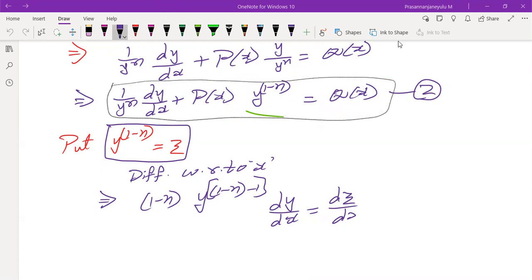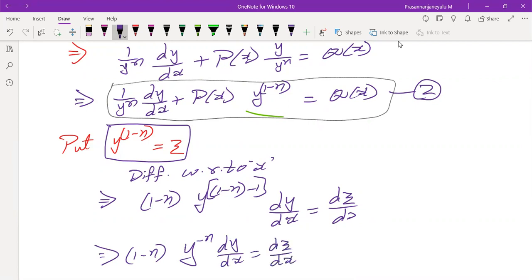So we substitute it as a new variable: y power 1 minus n is equal to z. Then differentiate on both sides with respect to x. After simplification, we get 1 minus n into y power 1 minus n minus 1; the minus 1 plus 1 gets cancelled. We get y power minus n into dy by dx is equal to dz by dx.